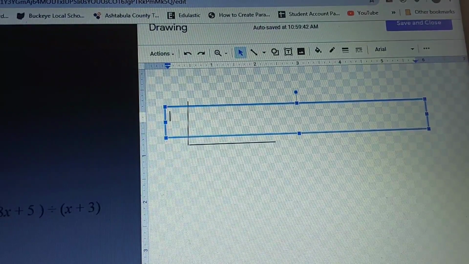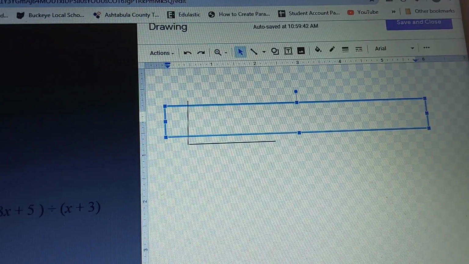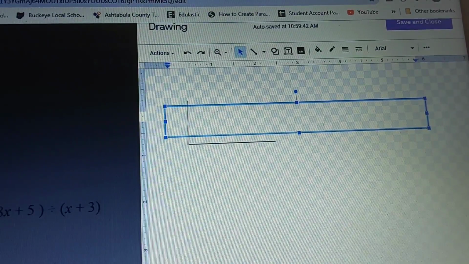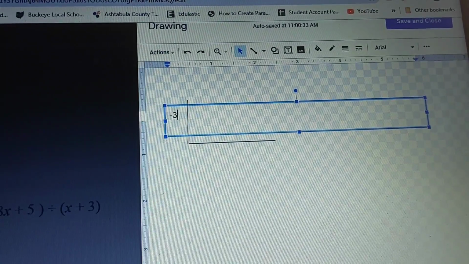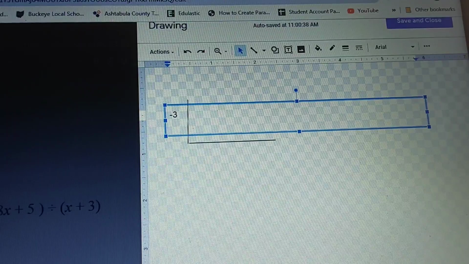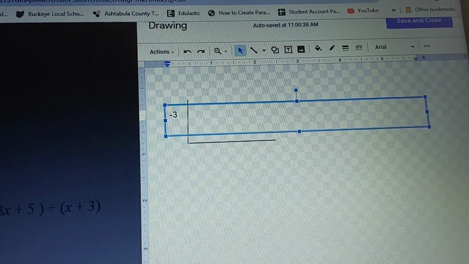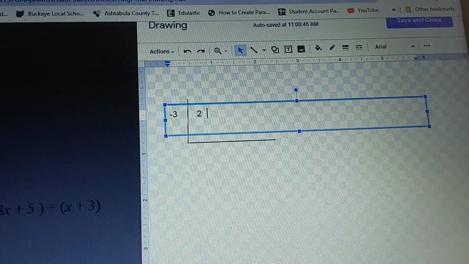All right. So now what we're going to do first is on the outside of this box, you are going to type in what number you're dividing by. Now it says we're dividing by x plus 3. So remember that's the opposite sign. So I'm going to type in my negative 3. Okay. Then I'm going to space over. I'm going to start putting in my coefficients. My first coefficient was a 2, space over.